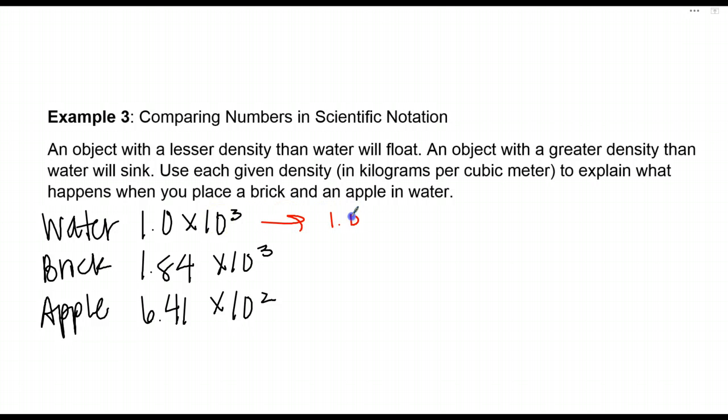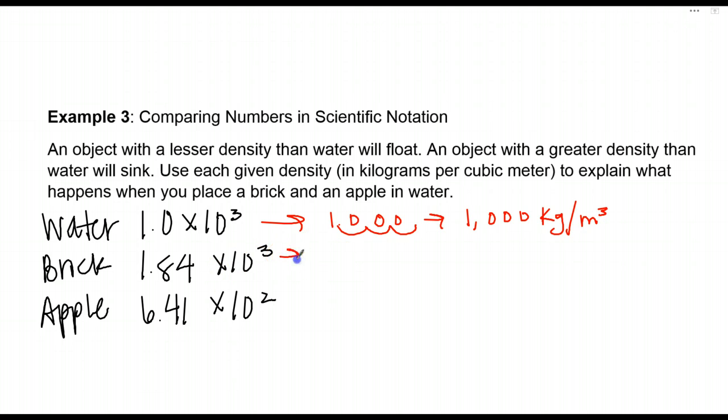So I'm going to take 1.0, swoop to the right 3 times. 1, 2, 3. So water in standard form is 1,000 kilograms per meter cubed. Brick, 1.84 times 10 to the third.